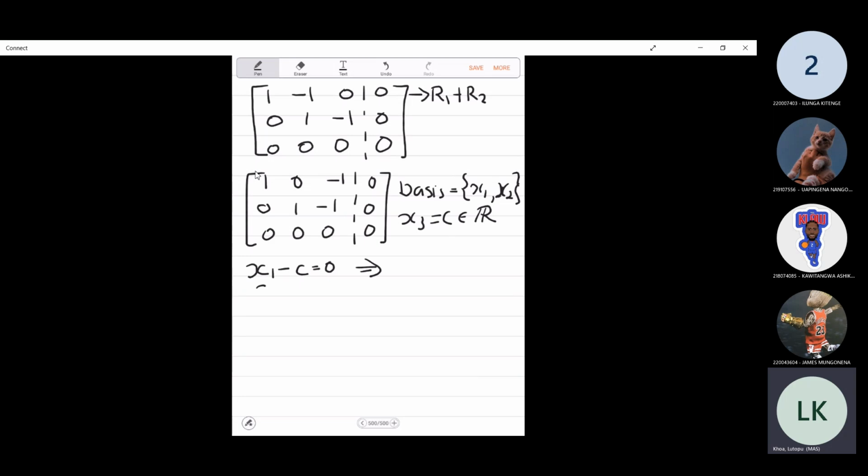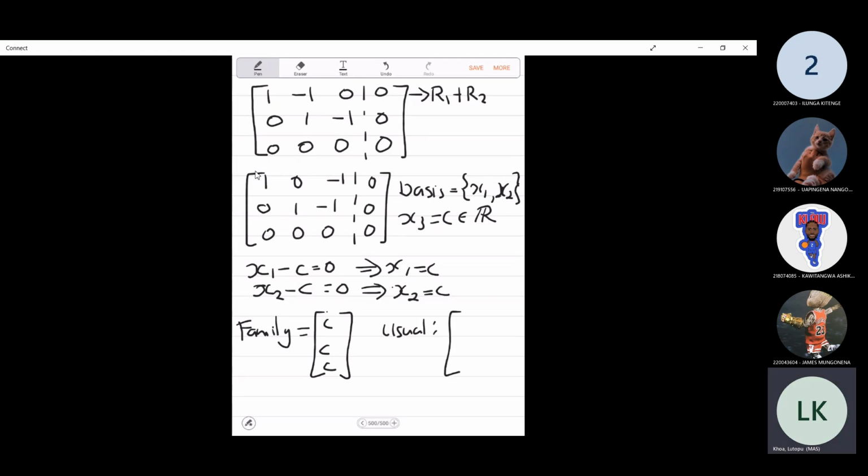This means that x1 is c. Then we have x2 minus c is 0. This means that x2 is equal to c. So our family of eigenvectors, this is c, c, c, and the usual is 1, 1, 1, 0.